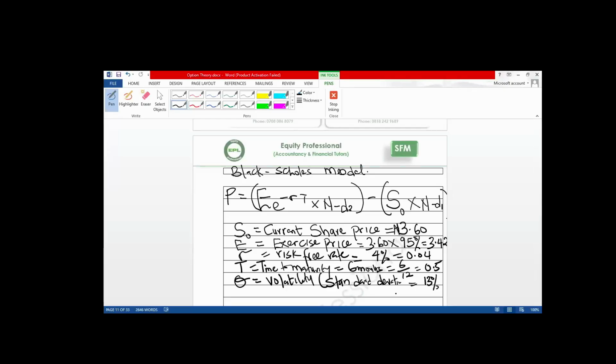Just identify your 5 variables. You have gotten the 5 variables. We now need to calculate D1 and D2.